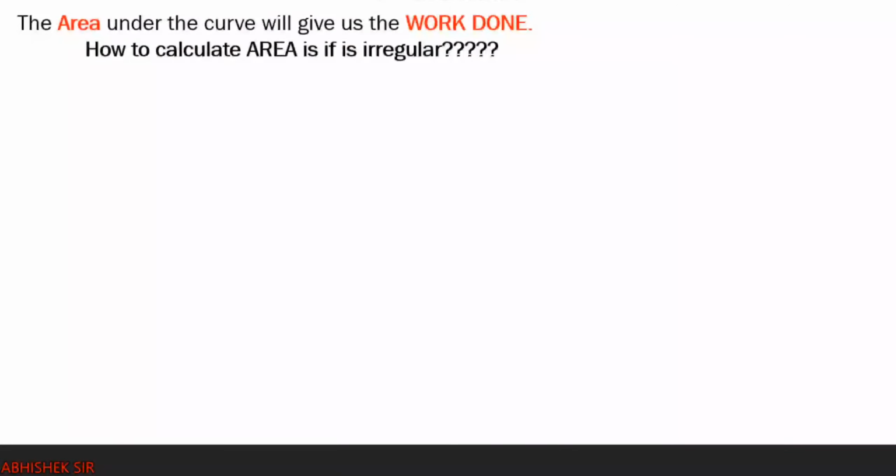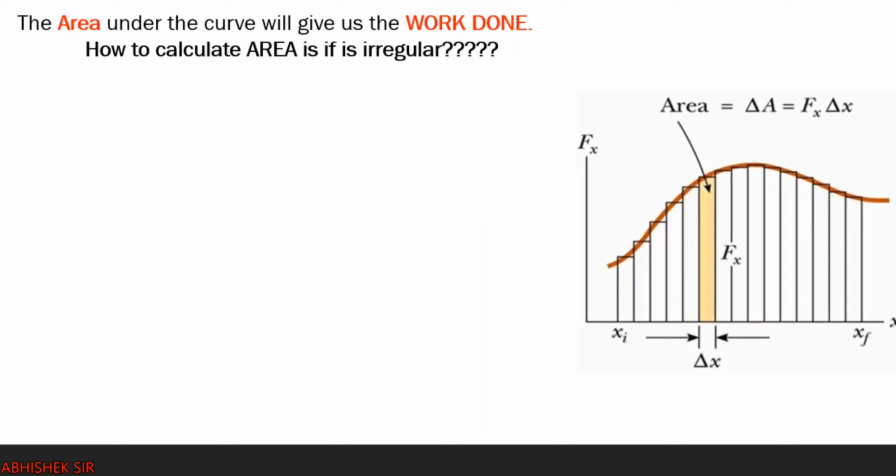Because till now we have gone through the formulas for areas of different shapes: triangle, half base into height; square, side into side; rectangle, L into B. But those were all regular shapes, and now it is a curve. So how do we find the area?